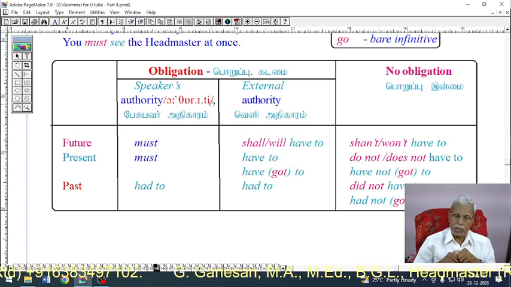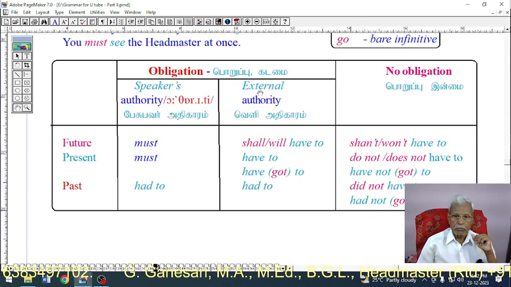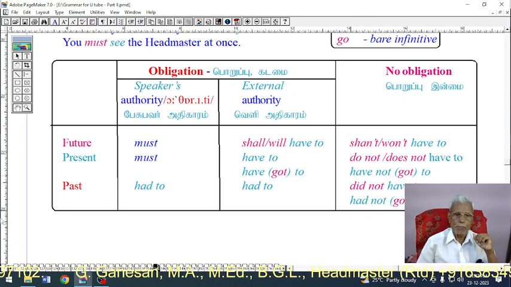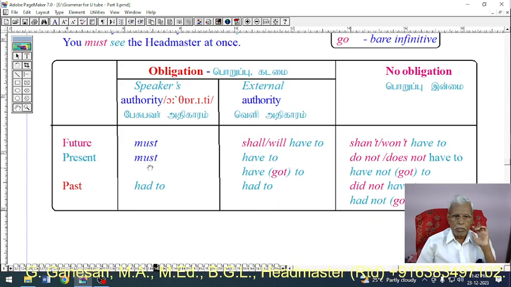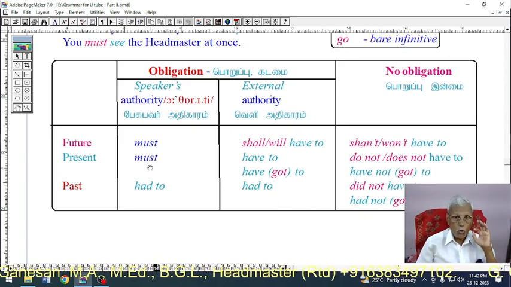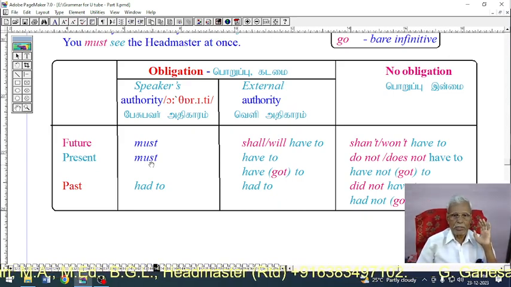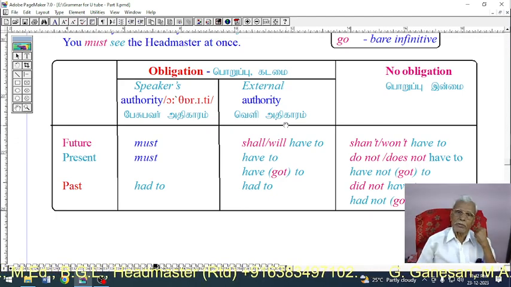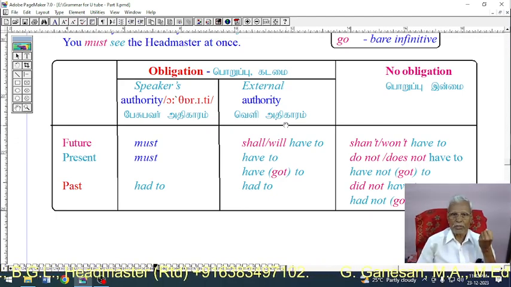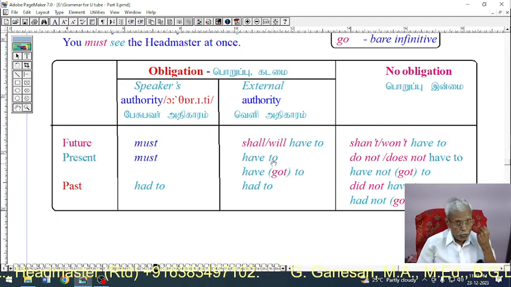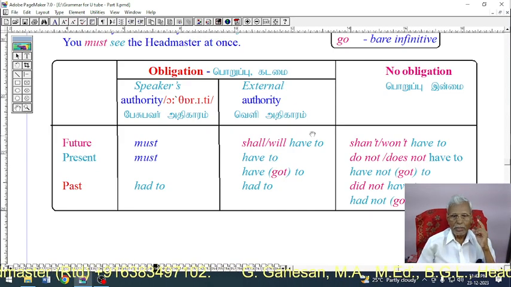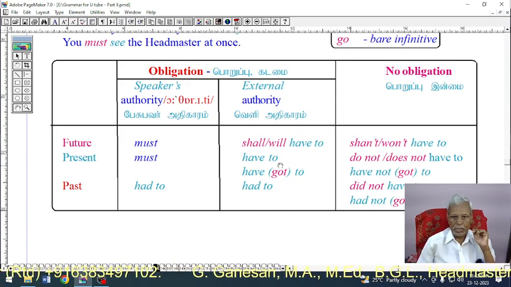No, authority. Then present tense. So the authority of the speaker, must. The authority of the subject, have to, must, have to, present.